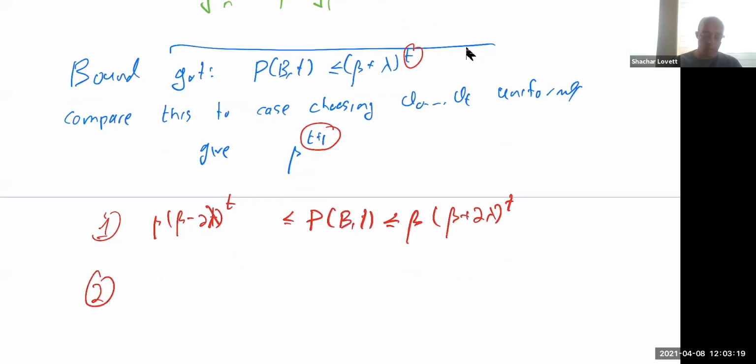And the second one says, well, what if beta and lambda are both below 1, but the sum is more than 1? Let's say beta is 2/3 and lambda is 2/3. Conceptually, this is still an expander, and beta is still small. We still expect an exponential decay, but this specific theorem doesn't give us that, because beta plus lambda is more than 1, so we get a trivial bound on a probability, more than 1. So the second thing, this can be improved to the following better quantity.